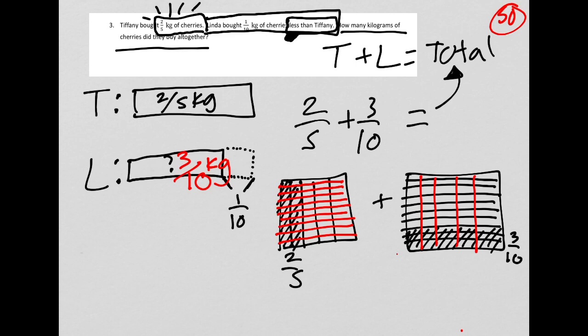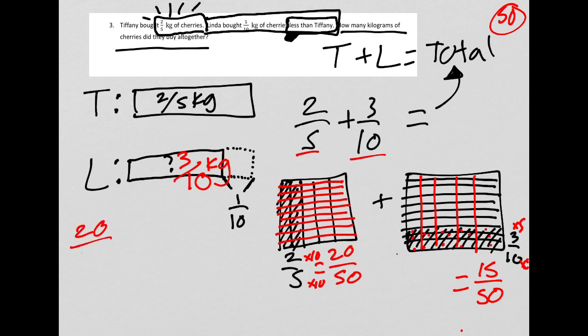And I know that because I have a 5 and a 10. So if my new denominator is 50, that means I'm timesing by 10 and by 10. So 2/5 becomes 20 50ths. And 3/10 is going to be times 5 times 5. And so that's going to be 15 50ths. So I have a double check with 1, 2, 3, 4, 5, 6, 7, 8, 9, 10, 11, 12, 13, 14, 15. So now I have 20 50ths and 15 50ths.